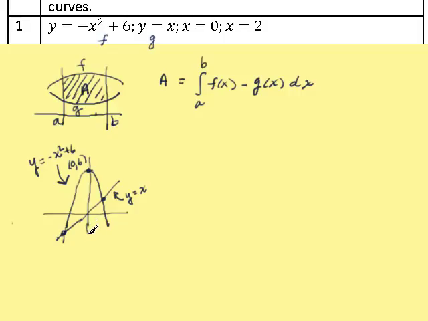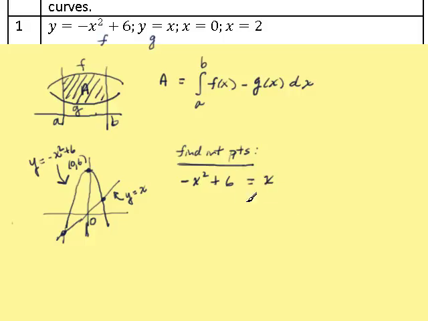All right, so let's find these intersection points. And that we do algebraically by setting f equal to g. So now we're going to find intersection points. We'll set minus x squared plus 6 equal to x.